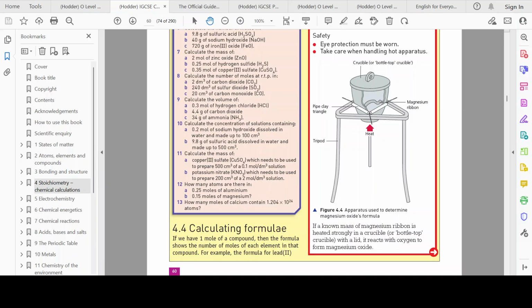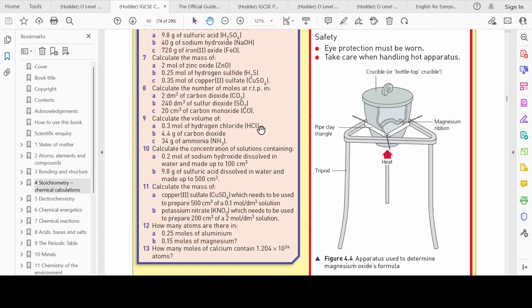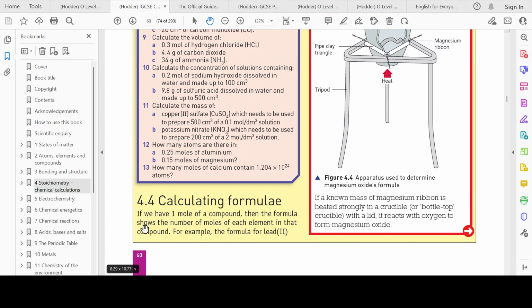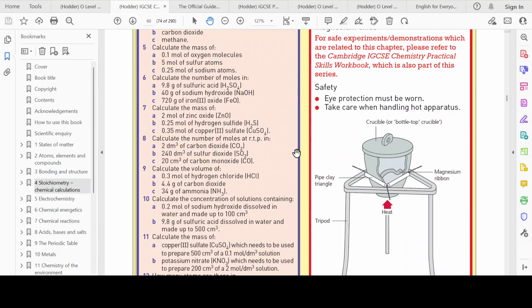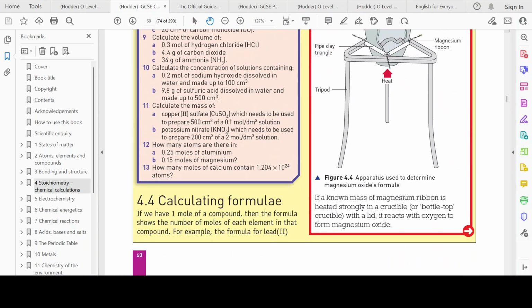If we have 1 mole of a compound, then the formula shows the number of moles of each element in that compound. For example, lead 2 bromide. Bromine has an oxidation number of -1. Since it's lead 2, that is +2, so what we get is PbBr2.